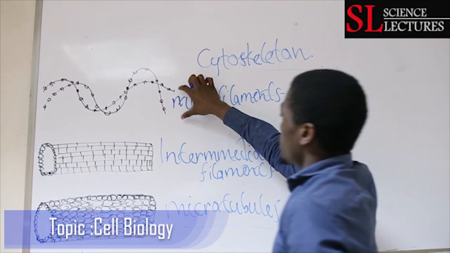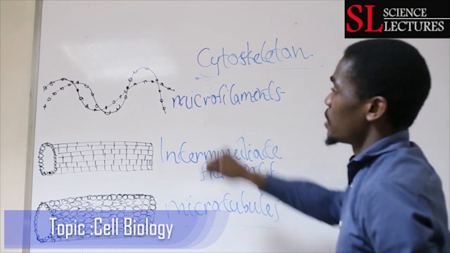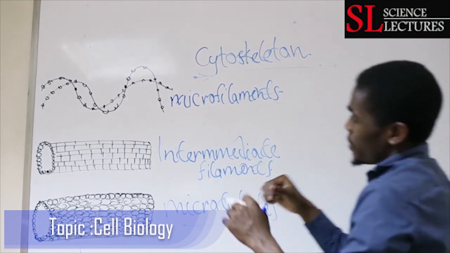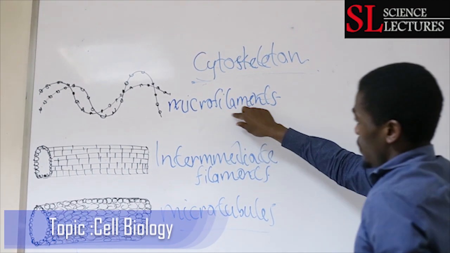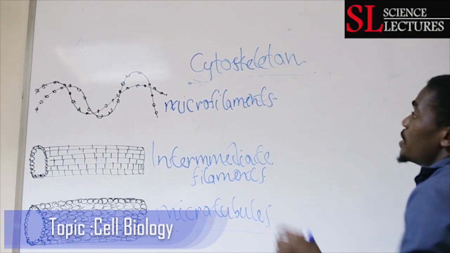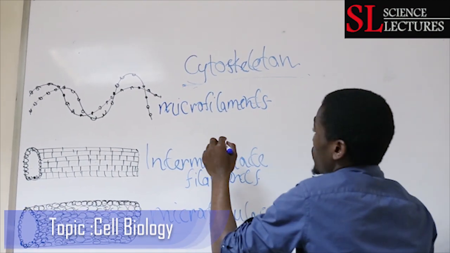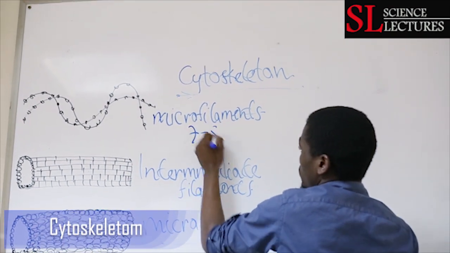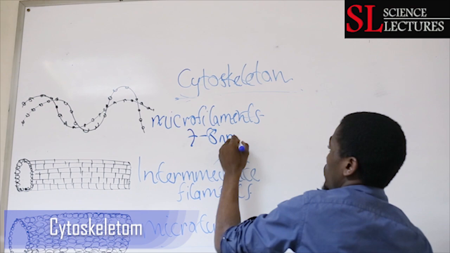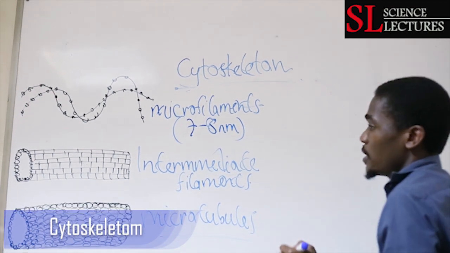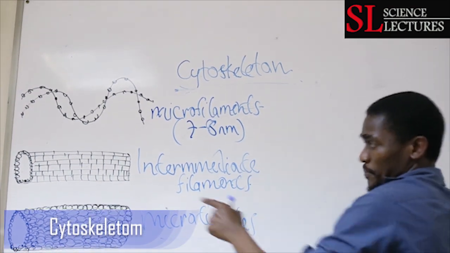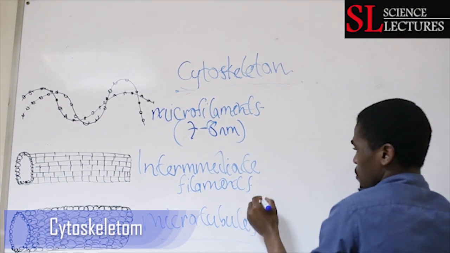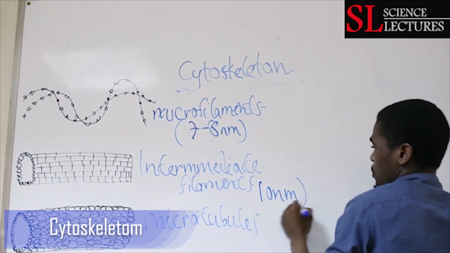The microfilaments are the smallest, the thinnest filaments within the cell, with a diameter of about 7 to 8 nanometers. Then the intermediate filaments, about 10 nanometers.